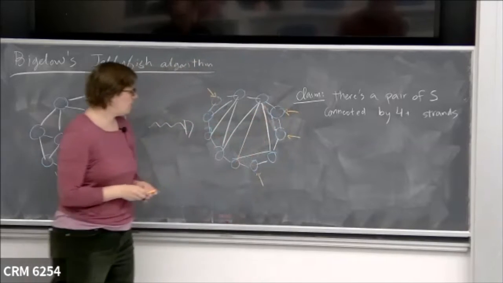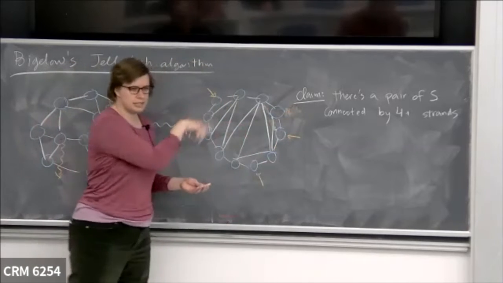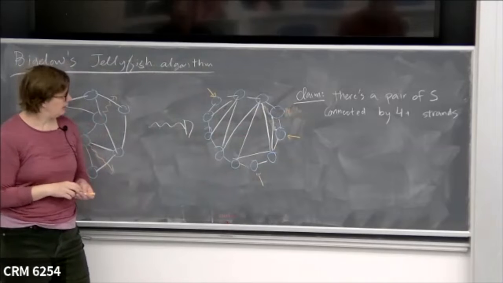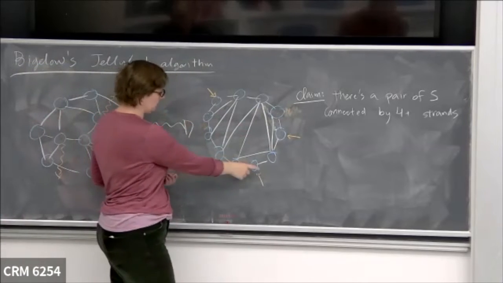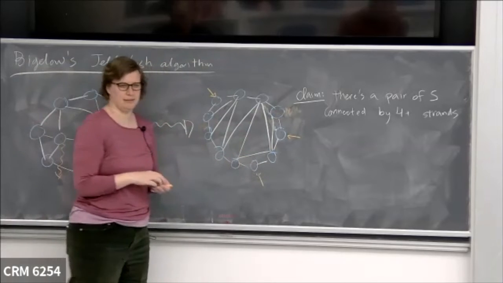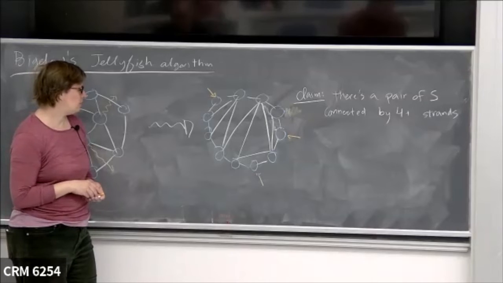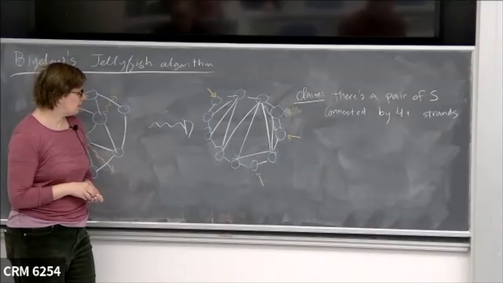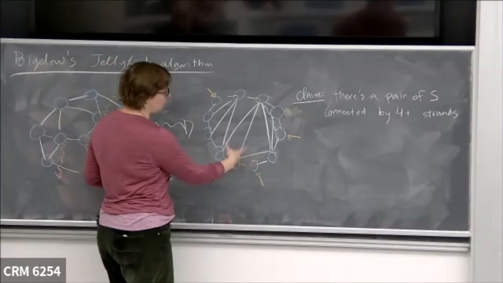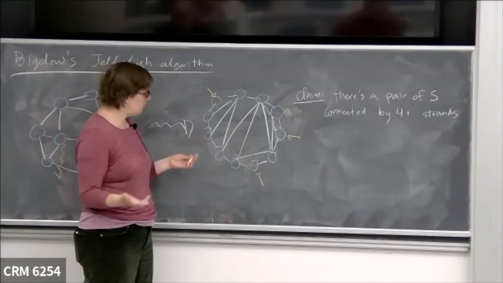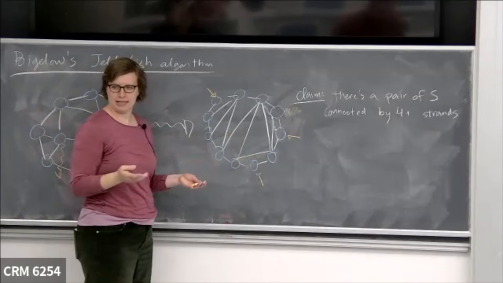Because we have a triangulation of a polygon, really. And therefore, there's some vertex which is only part of one triangle. Our n-gon gets broken up into n-2 triangles, and so there's at least one triangle here which has a vertex that's part of only that triangle. So by the pigeonhole principle, one or the other direction has 4 strands coming out of it.